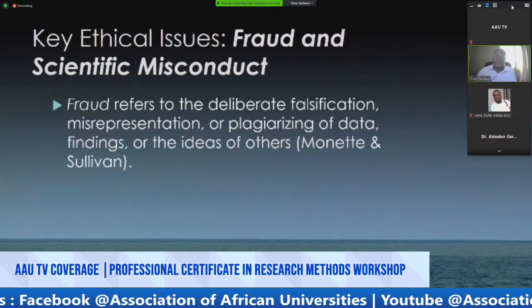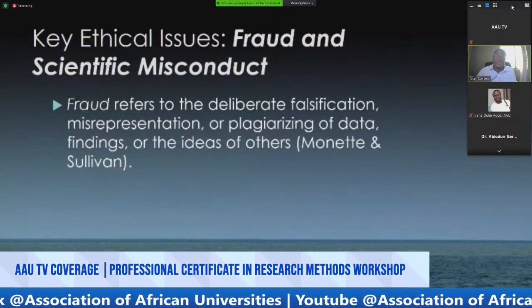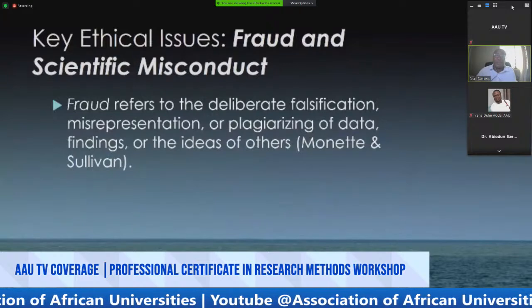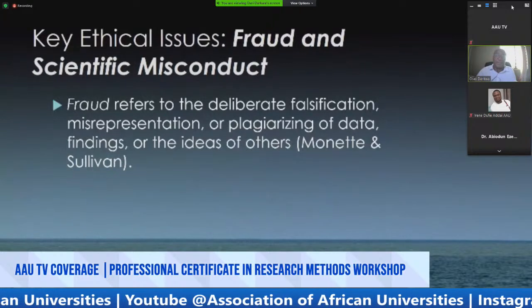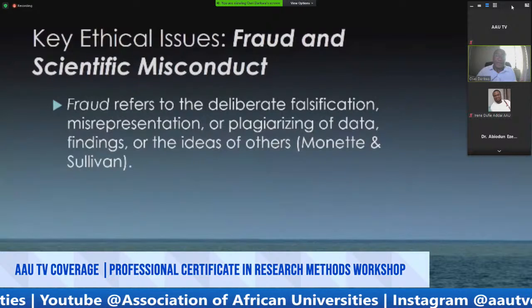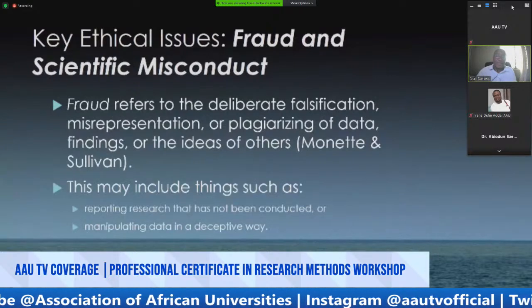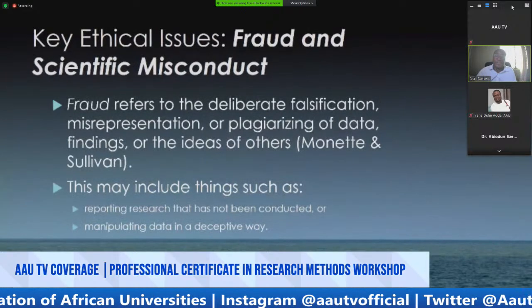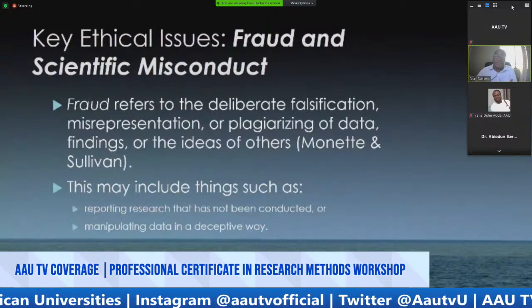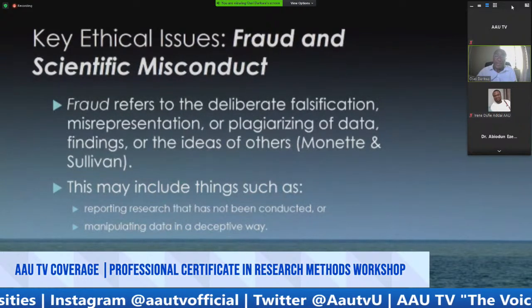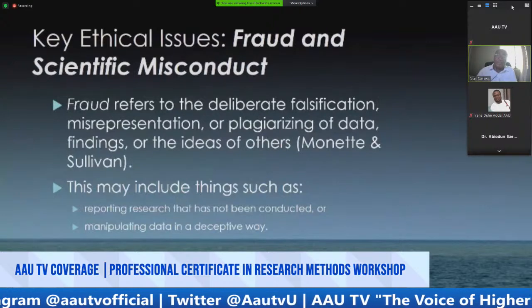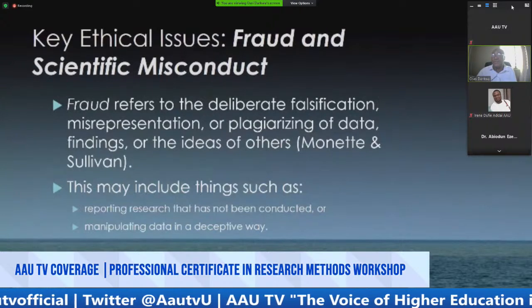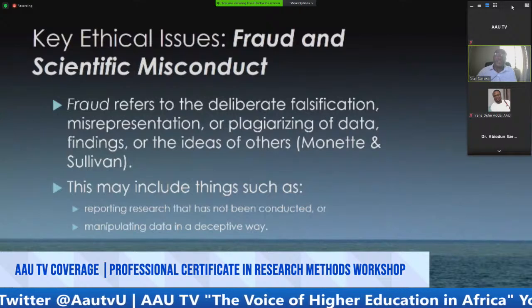It is not yours, so deliberate falsification, misrepresentation, or plagiarism of data, findings, or ideas of others. It's a bunch of stuff. Reporting research that has not been conducted. I think Dr. Idrusu, one of you, mentioned that. I remember those days when we were undergrad students, we were working as research assistants.